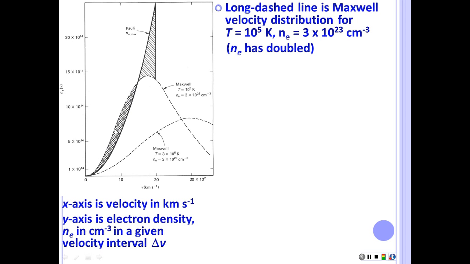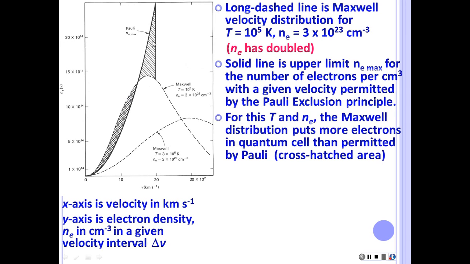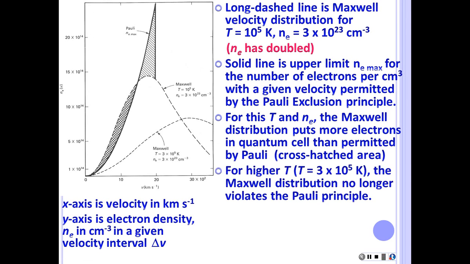You can't have electrons with these speeds and at this density, because they will be too close together for the number of permitted quantum states. So what does that mean? Well, we're going to have to give these electrons some energy so that they're up here instead. We can't have them here, but we can have them in the striped region.